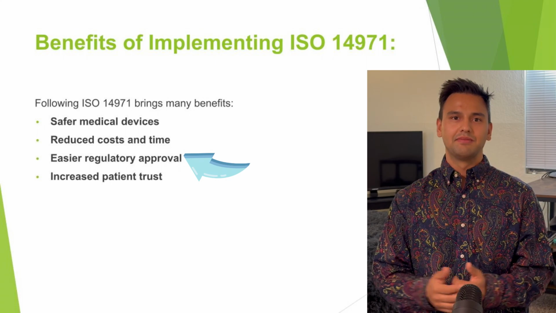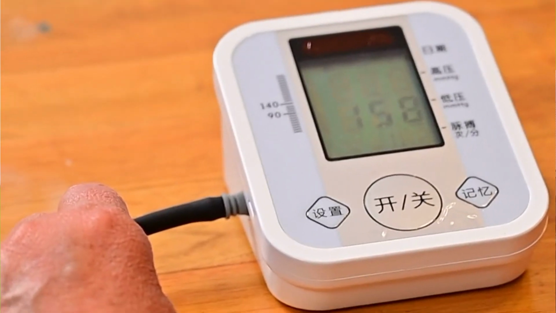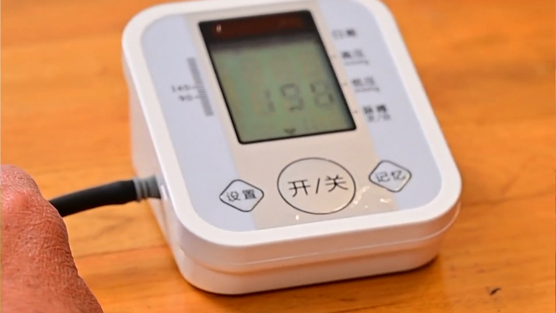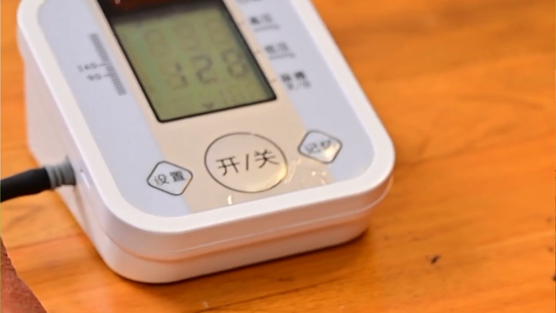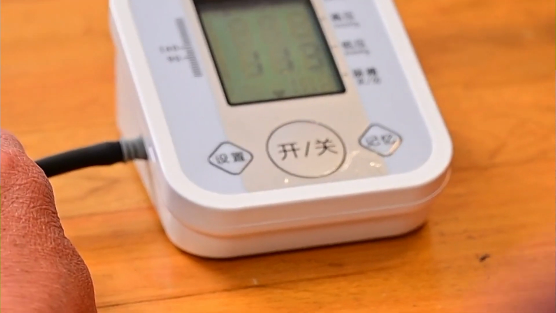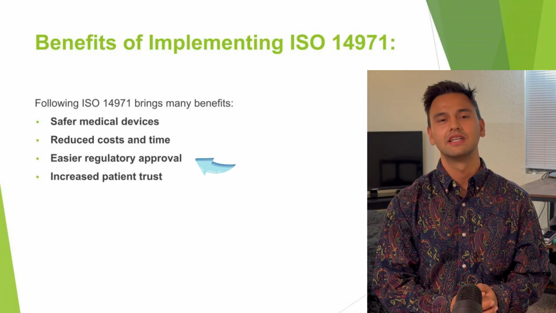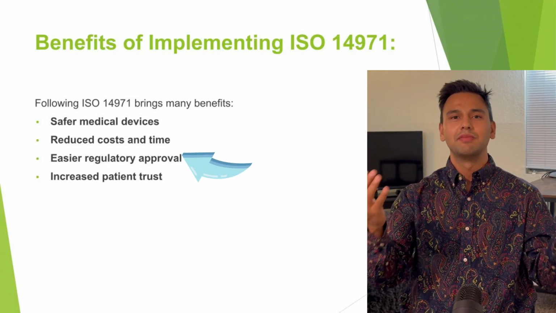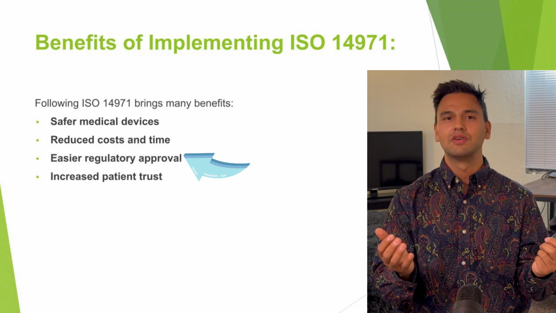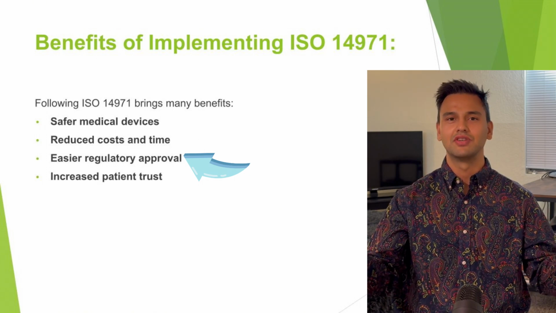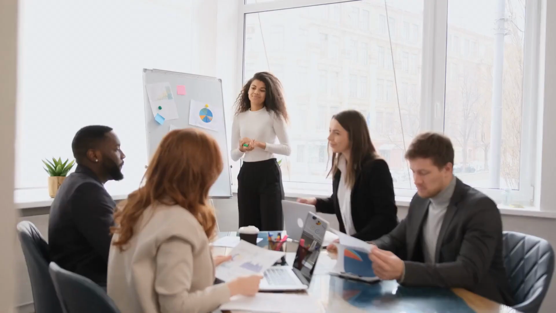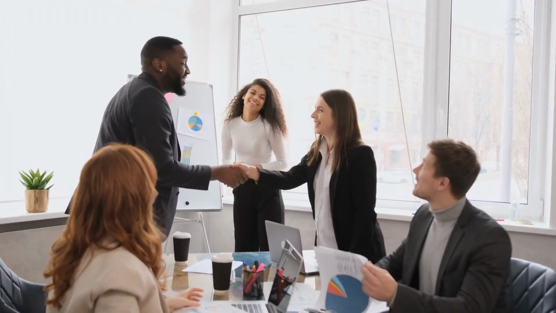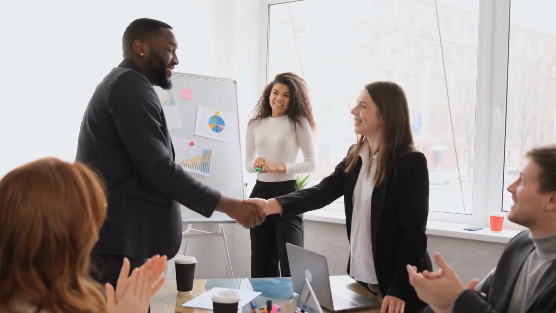To give you guys an example, a company that sells a blood glucose meter wants to sell their products in multiple countries, for example, America, Australia, Brazil, China, right? By implementing a risk management system based on ISO 14971, they can demonstrate to regulatory authorities that they have taken steps to ensure that their product is safe and effective for their patients, right?